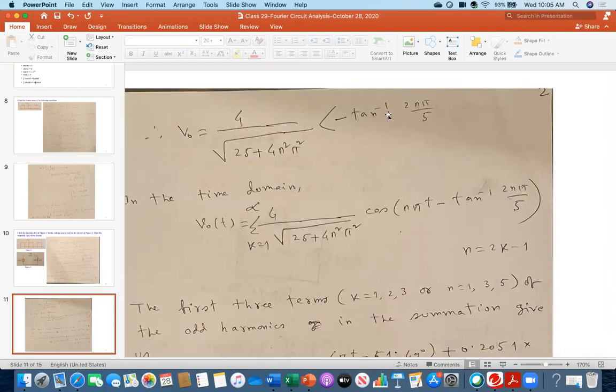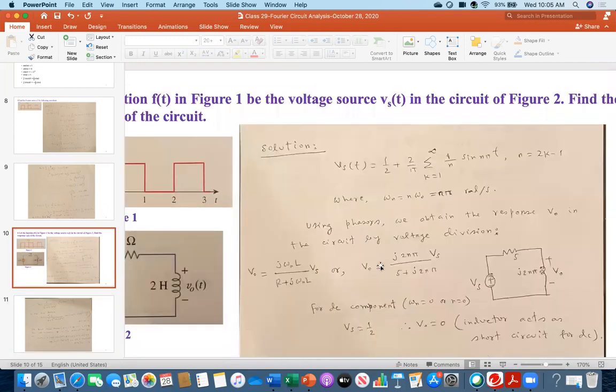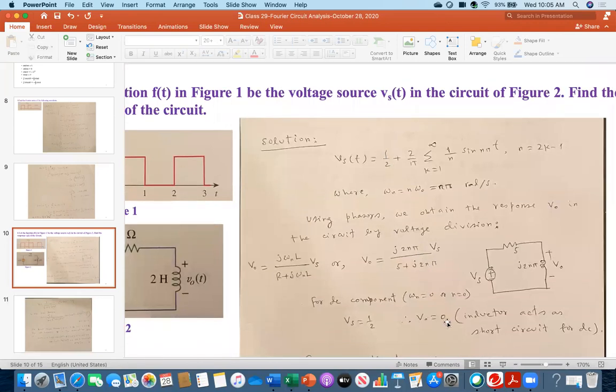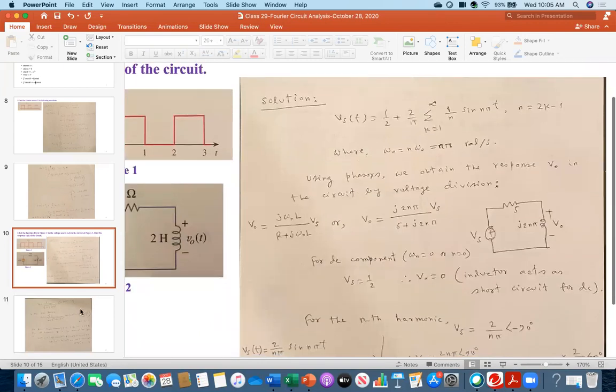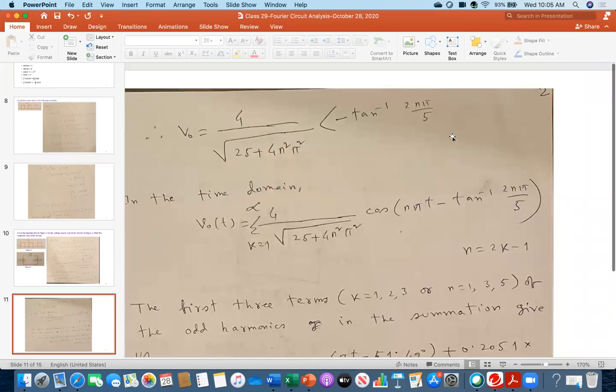So now this is your result. Here you see this was your V naught, but for the first component, for half, we got 0. But for the next term we got that one. So ultimately this plus 0 is this one. This is your actual result.